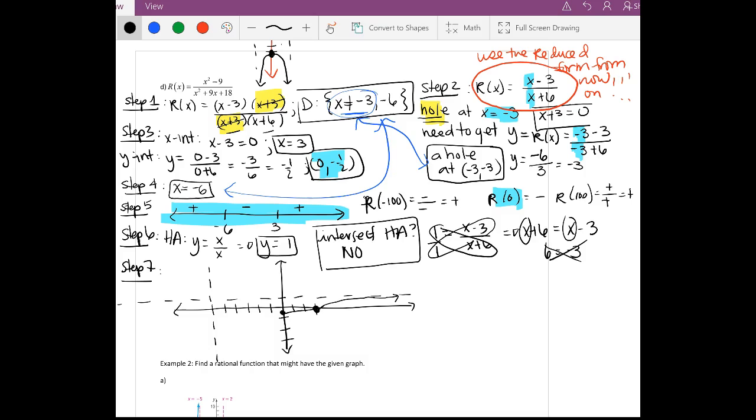So connect it to your y-intercept, don't miss that, and then curve down. This should be 2 curves. You have 1 VA, so 2 curves, one on the right and one on the left. And this is telling me I should go down, but I'm out of space. Everything on the left-hand side of -6 says everything needs to be positive, so it needs to look like that.